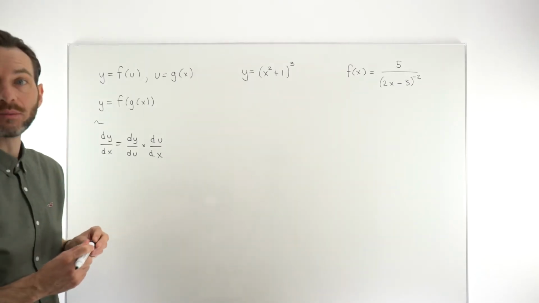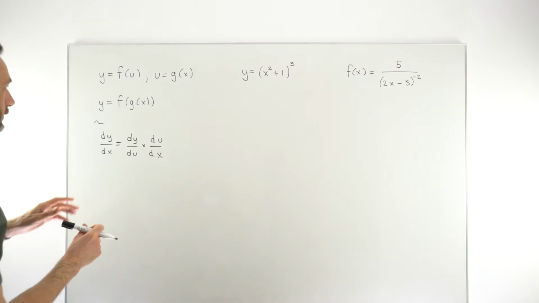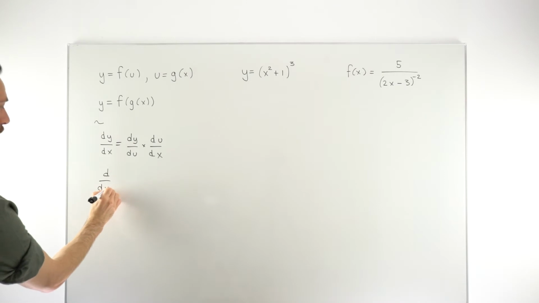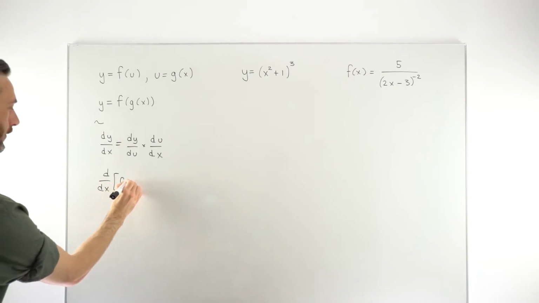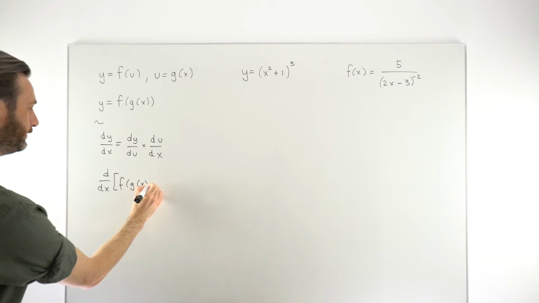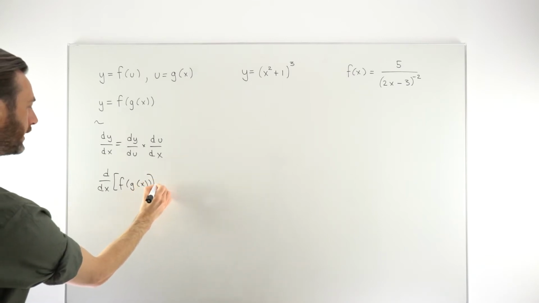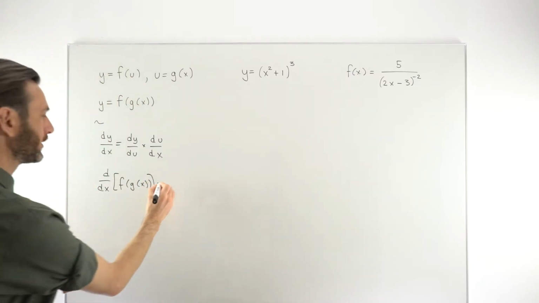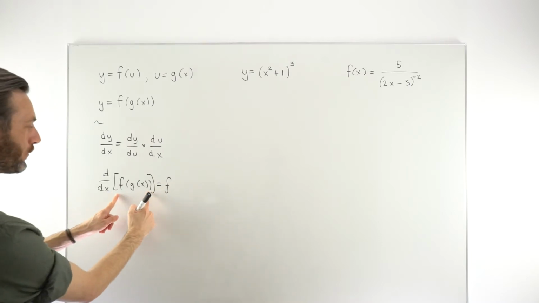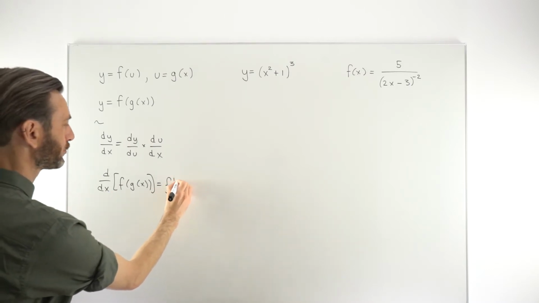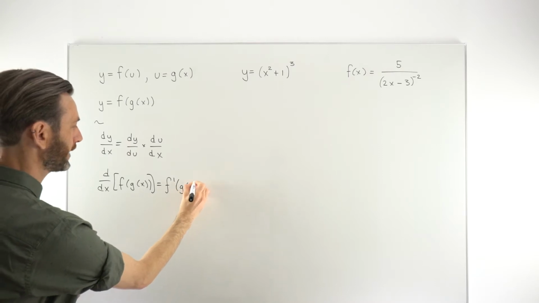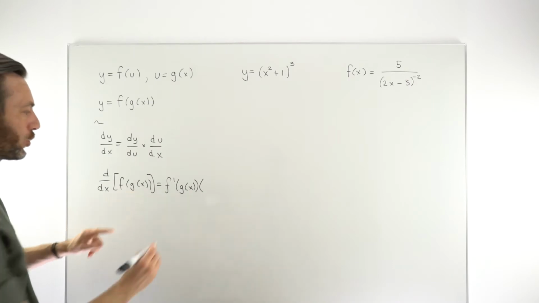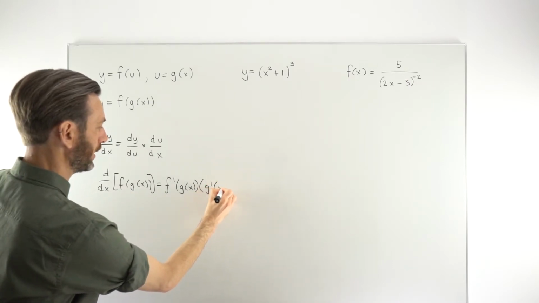The second way we can conceptualize it is in terms of f and g. The derivative with respect to x of this composite function, f of g of x, is going to be equal to, and this can also be a little confusing in general terms, the derivative of the overall function, which is f prime of g of x, multiplied by the derivative of the internal function, which is g prime of x.